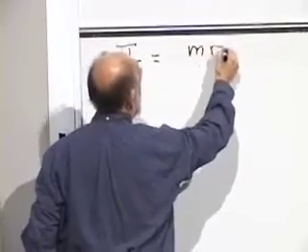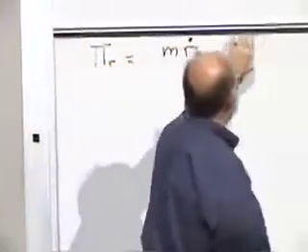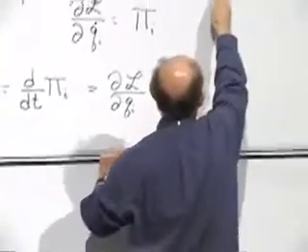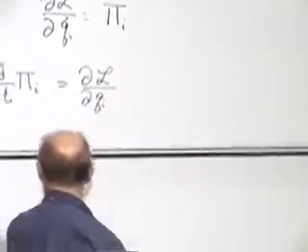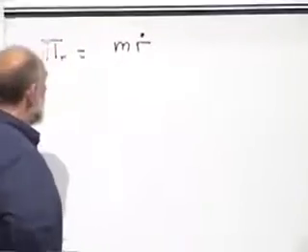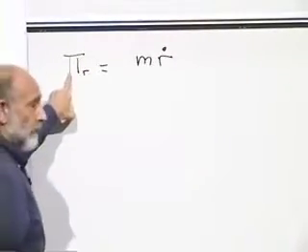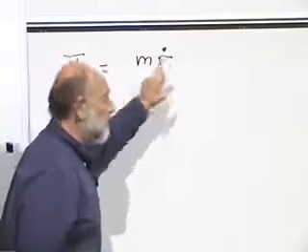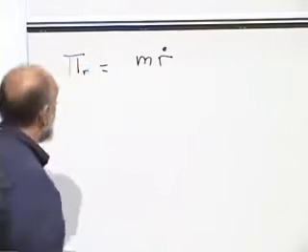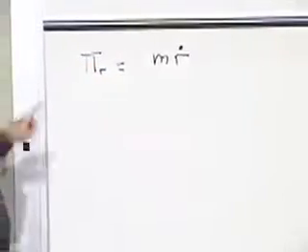So not too surprisingly, the radial component of the momentum is nothing but the mass times the radial component of velocity.